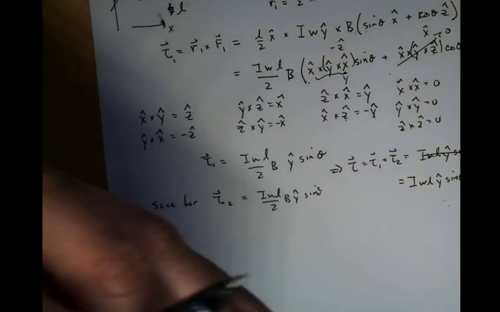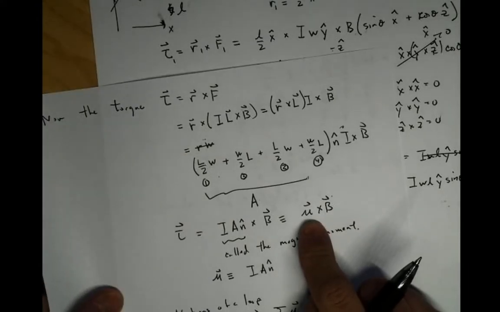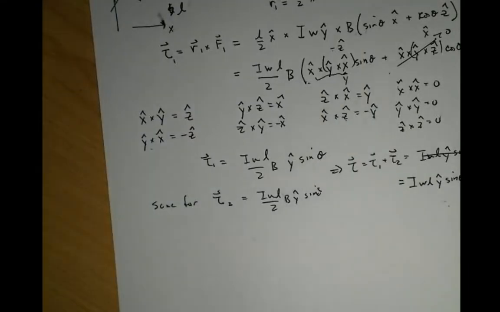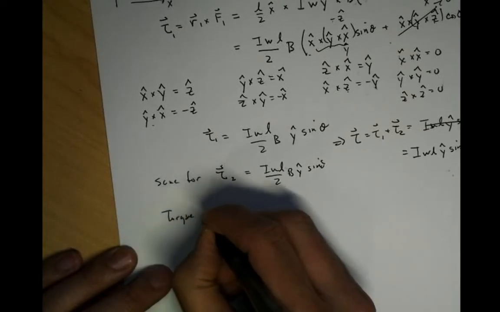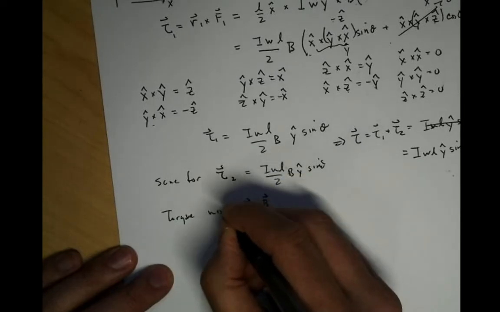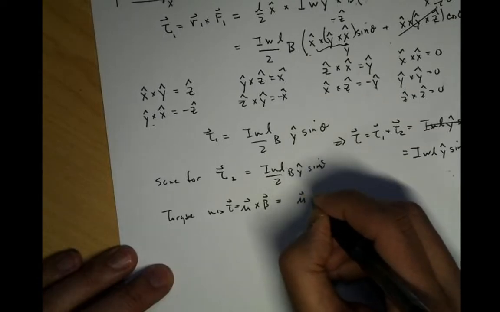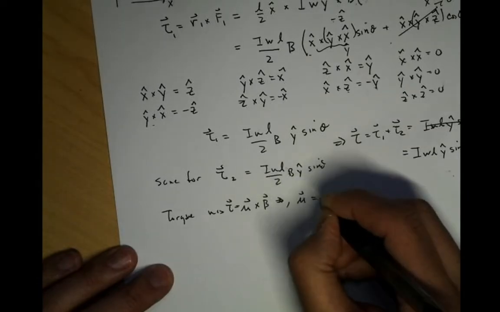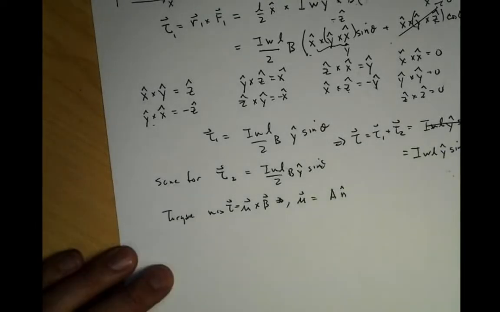Okay. What's interesting about that? If we look at what we had just computed, I said the torque tau was mu cross B, right? Well, what's mu? Mu is equal to I A n hat, right?